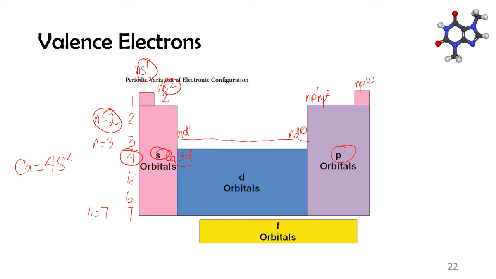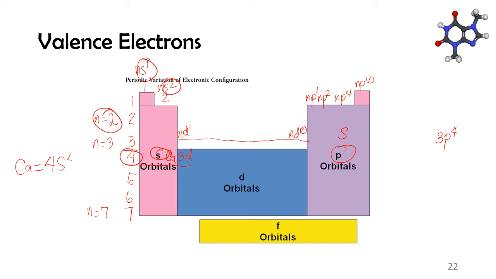What is the valence electron configuration of sulfur? Sulfur is in group 16, which ends with an np4. It is also in period 3, so its n is 3. This gives us a 3p4 orbital.